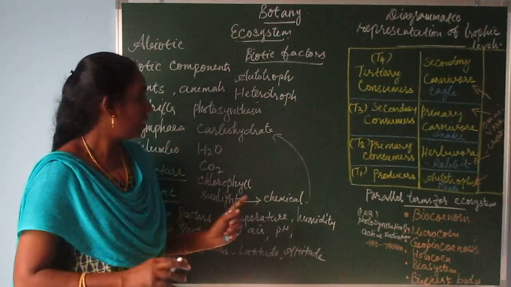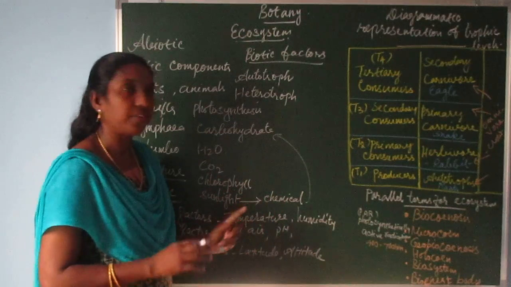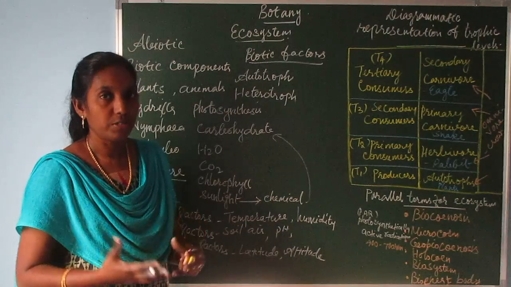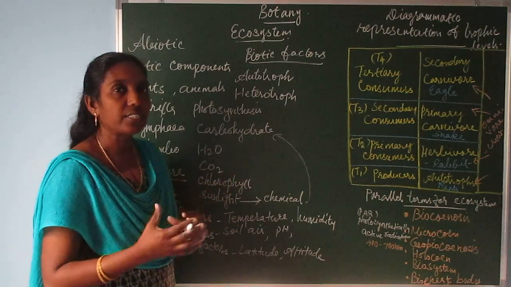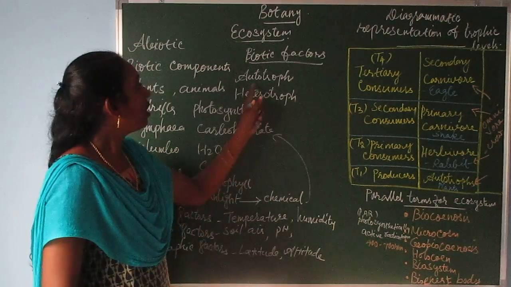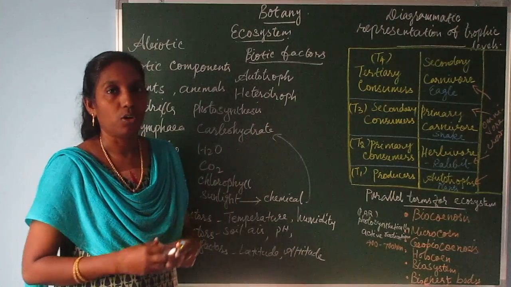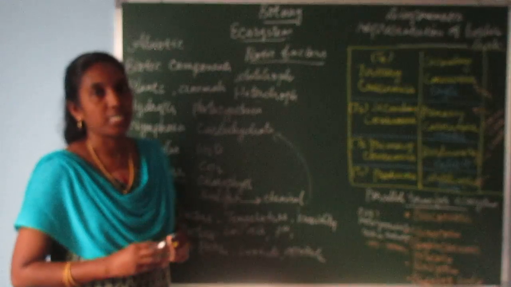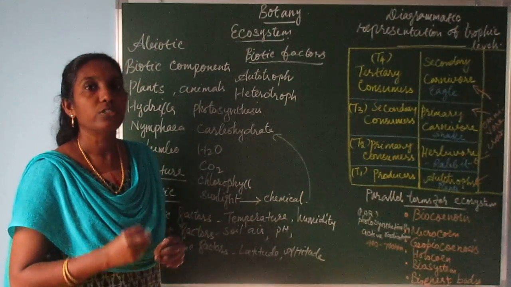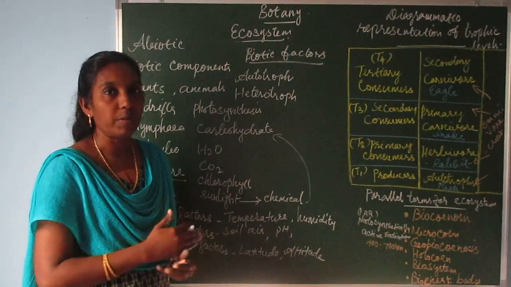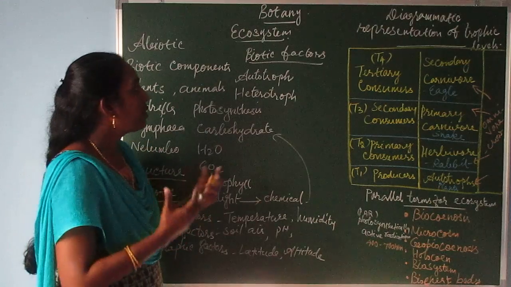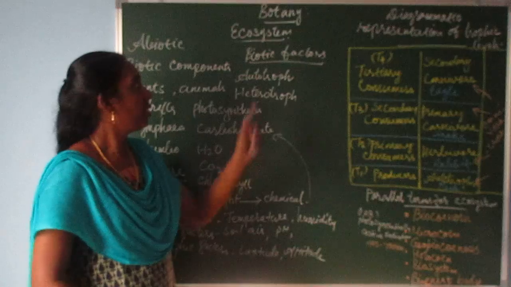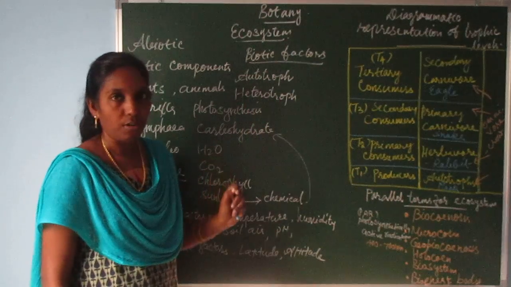Producers, green plants, have the ability to manufacture food. So photosynthetically or chemosynthetically, they manufacture their own food. So they are called autotrophic organisms. An example of autotroph is green plants, which have the ability to convert light energy into chemical energy. So they prepare their own food.